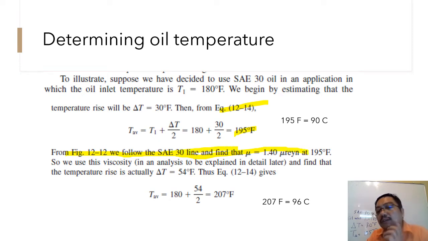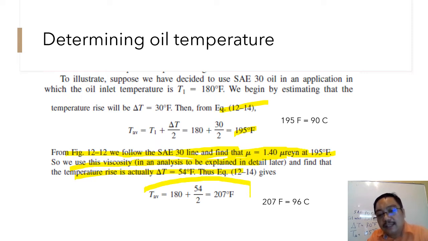The way to do it is to follow the line first and find out that mu is 1.40 microreyn, which is a unit for viscosity, at 195 degrees. So we use this viscosity of 1.4 microreyn in the analysis that we explain later. We find out that the temperature rise is actually 54 degrees Fahrenheit.